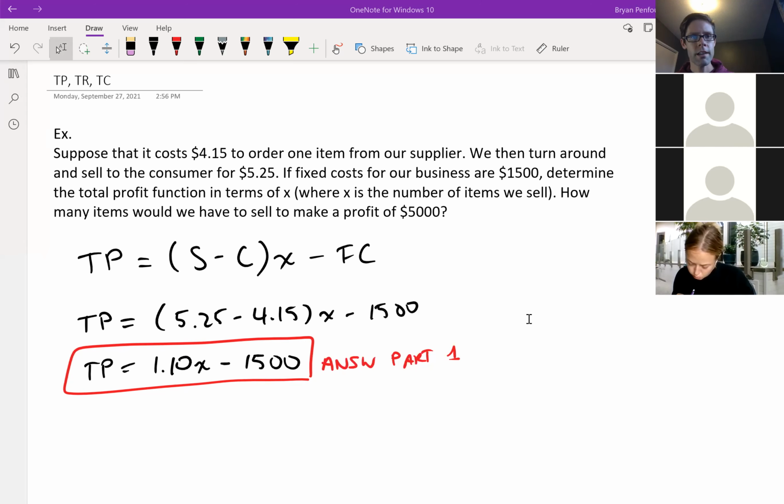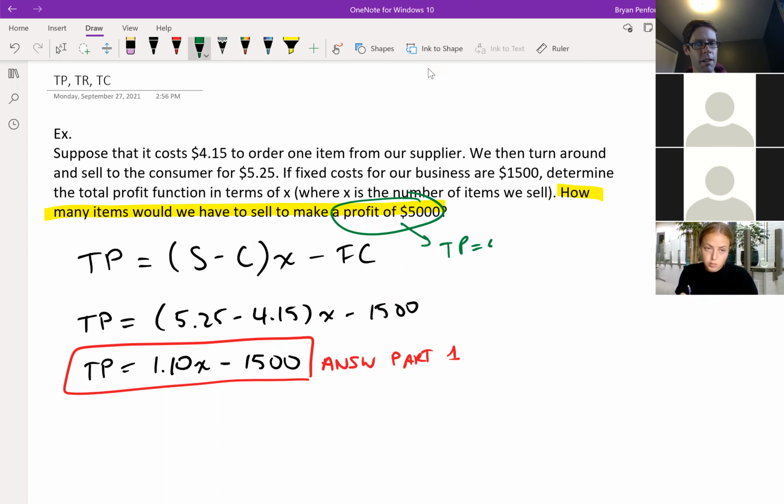So what we're going to do next is try to figure out what production level I need in order to make a profit of $5,000. So what is this suggesting here? Well, we should put $5,000 in for my profit.